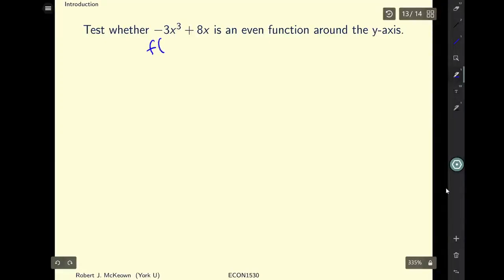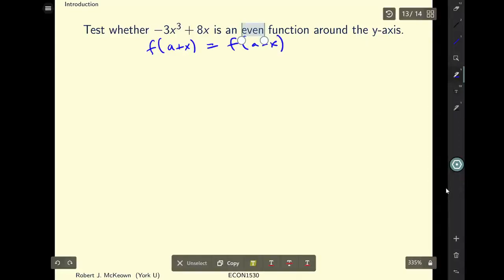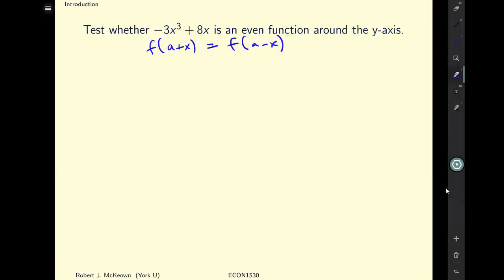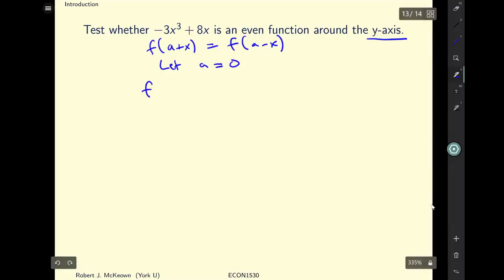So if we have f of a plus x is equal to f of a minus x, then in this case, since we're testing whether it's symmetric around the y-axis, we can let a be equal to 0. And then we can test whether f of x is equal to f of negative x. So we got this function up here.